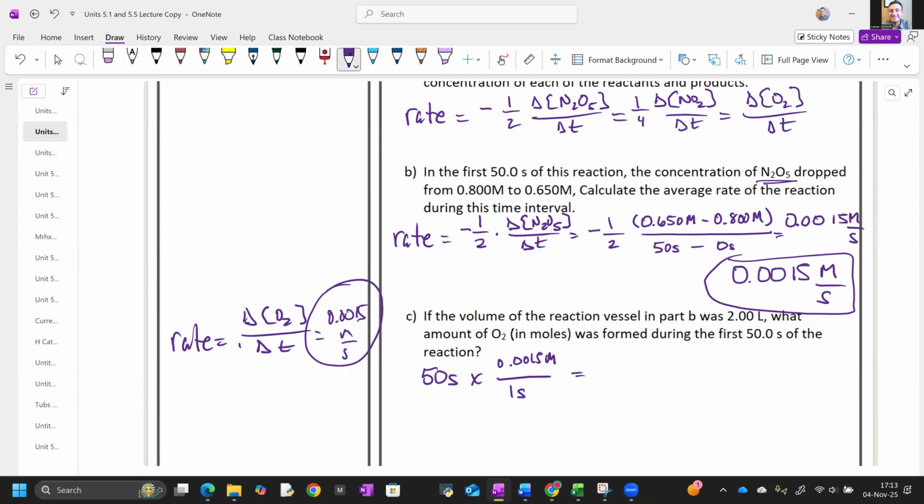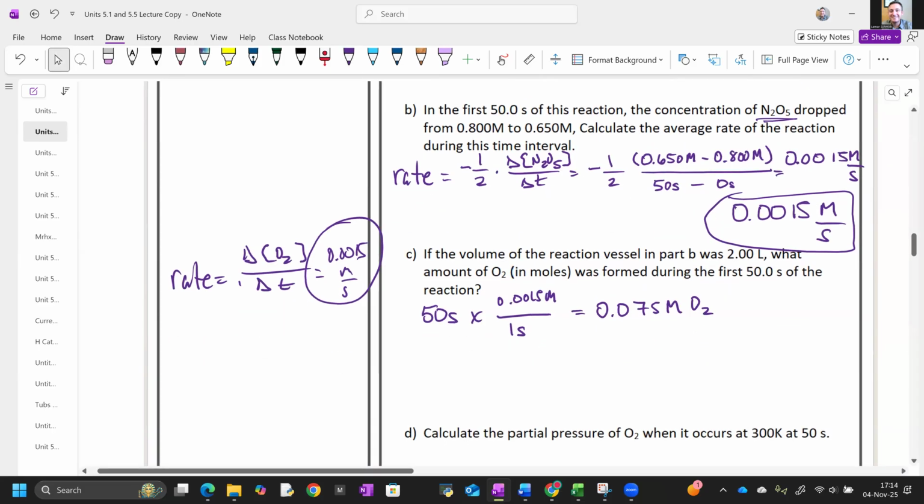And we end up with, and I need to get this in my calculator, 0.0015 times 50, and we end up with 0.075 molar, and that's of O2. All right, and so that tells us the concentration of O2 at 50 seconds. But that does not tell us how many moles.